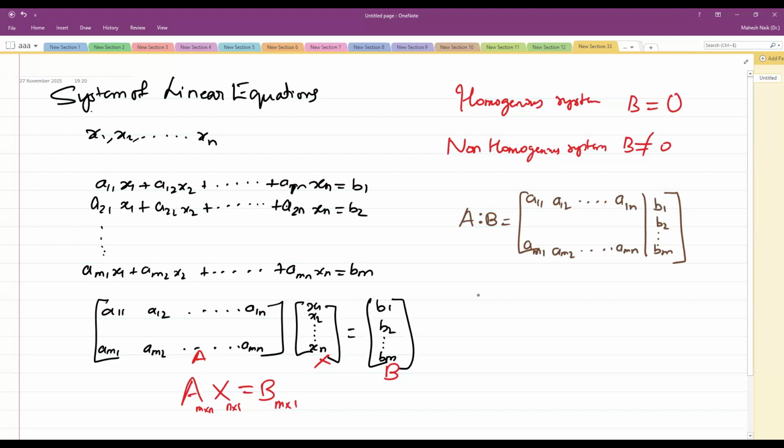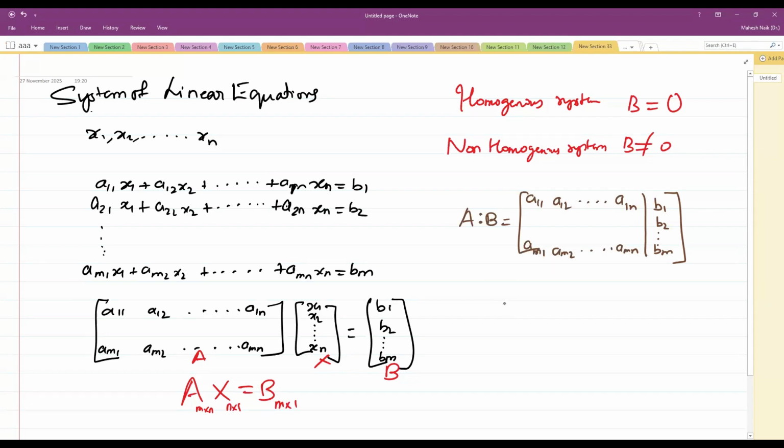So it helps in observing the rank of A and A augmented B at the same time. It is just the representation to separate all the bi's from all the ai's. Otherwise we use the whole matrix for evaluation.